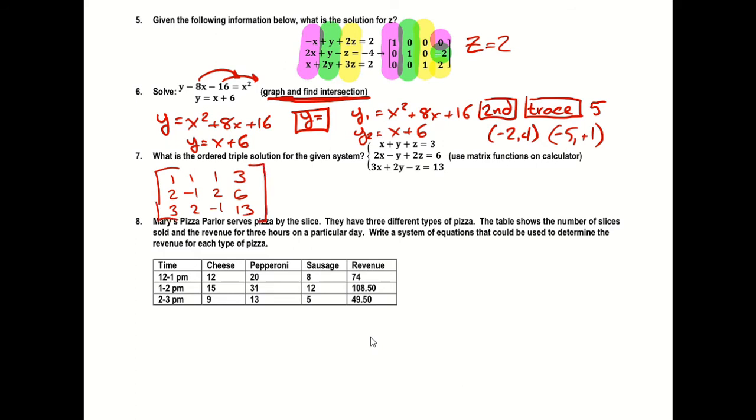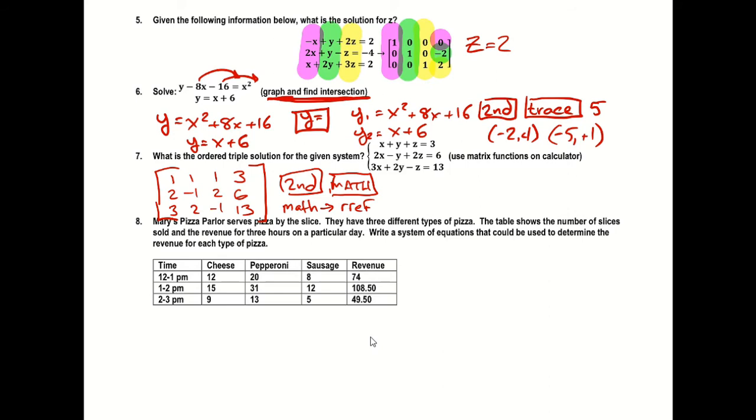So we're going to go into the calculator and hit second math. And then we're going to cursor over to the second column to math, reduce row echelon form, and hit enter.